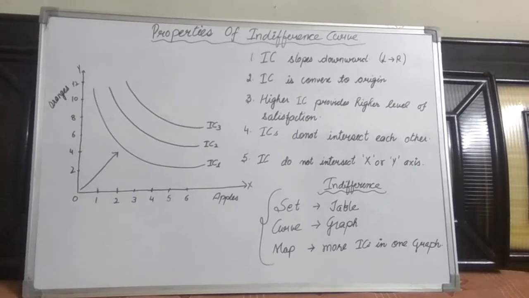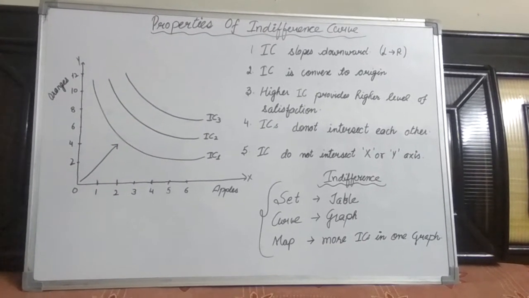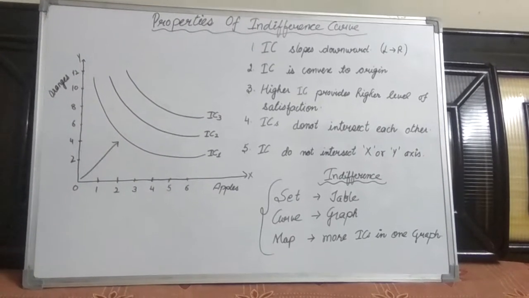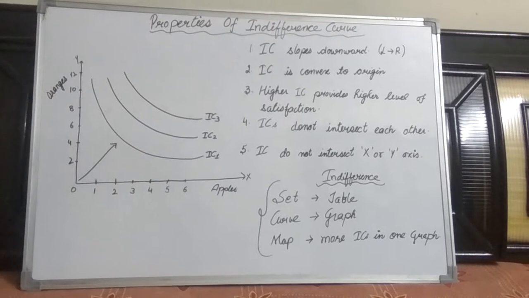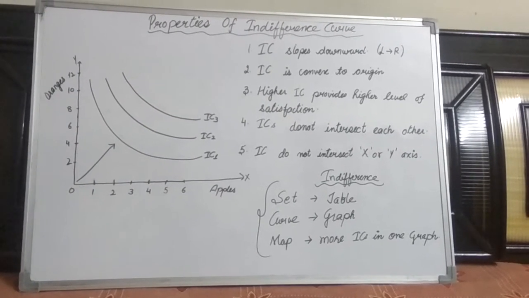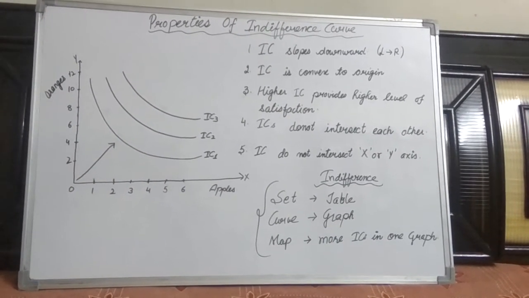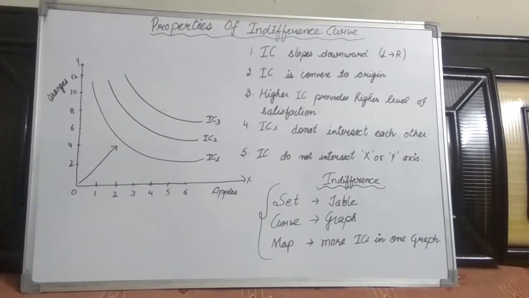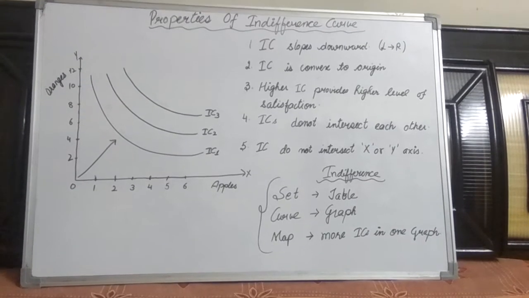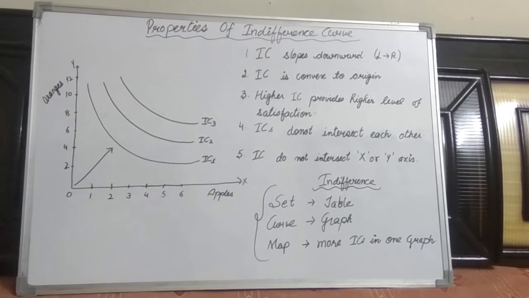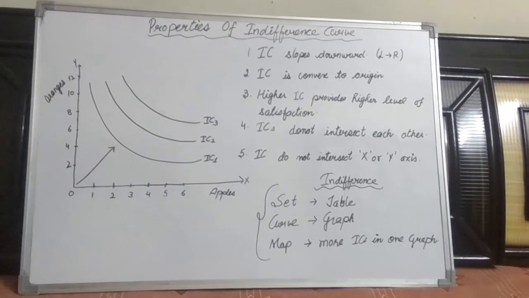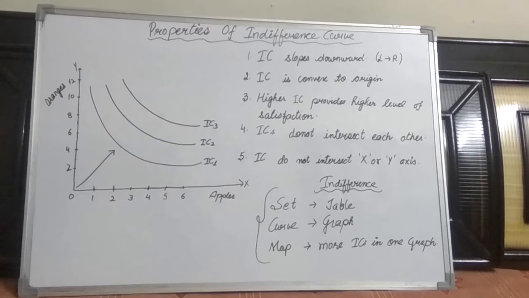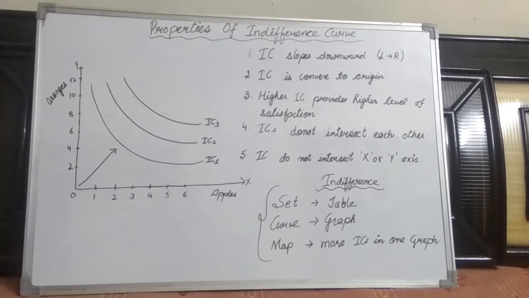The farther the curve is from the origin, the higher the level of satisfaction. So among these three curves, IC3 provides the highest level of satisfaction compared to IC1 and IC2, because IC1 is nearest to the origin and IC3 is farthest from it.